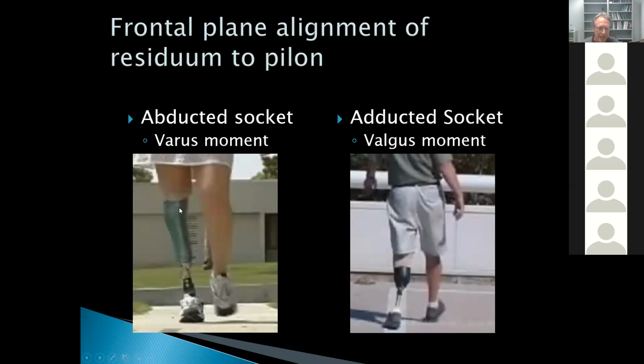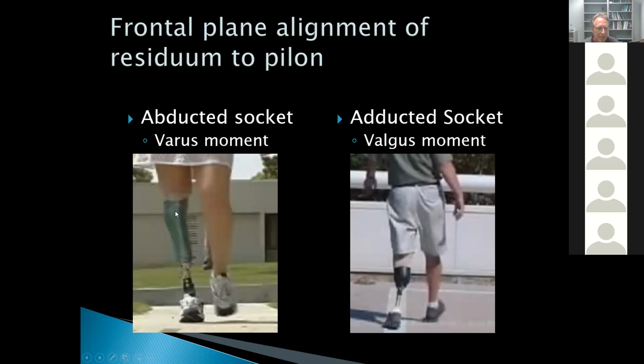But here you can see, if you look carefully, the outline of the residual limb with this individual, and then you see the pylon, and she actually has, I think, an endoskeletal pylon. She's got a combination of an endoskeletal and exoskeletal, but it's very thin here, so you can see this coming down.